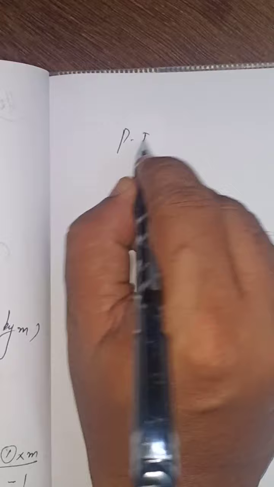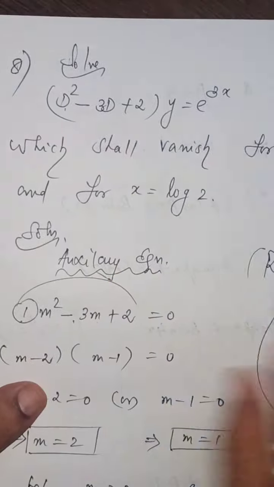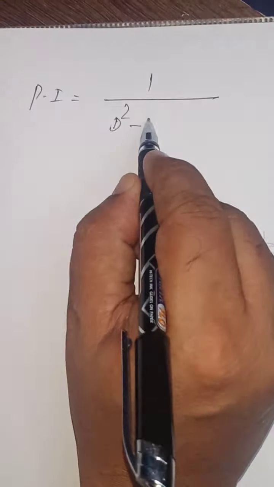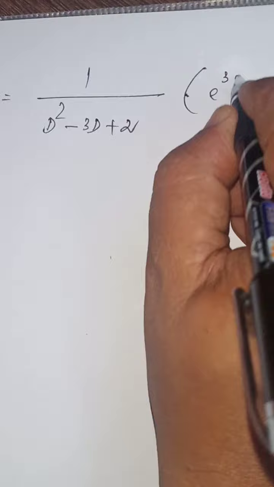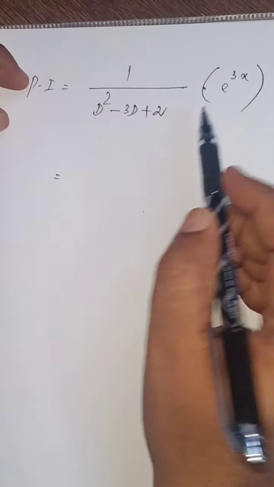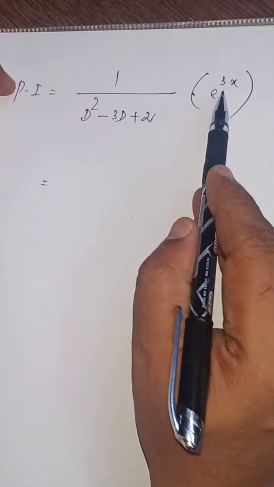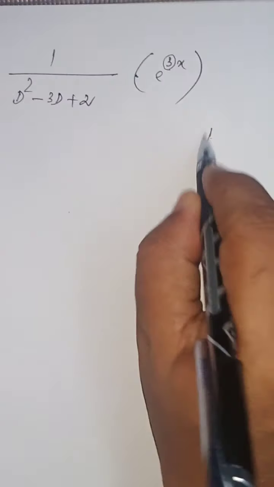Now we have to find the particular integral. Particular integral equals 1 divided by the expression inside the brackets, written in the denominator, D squared minus 3D plus 2, into what is on the right hand side, the exponential function e power 3x. Now replace D by 3, the coefficient of x.